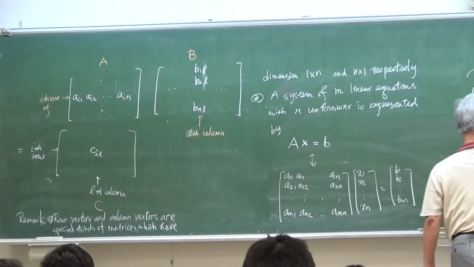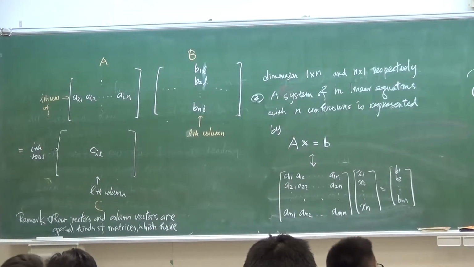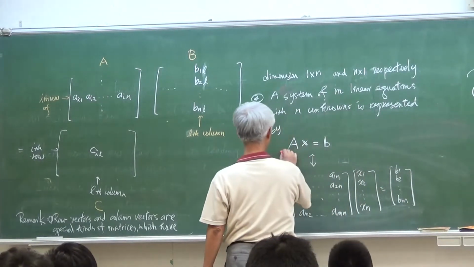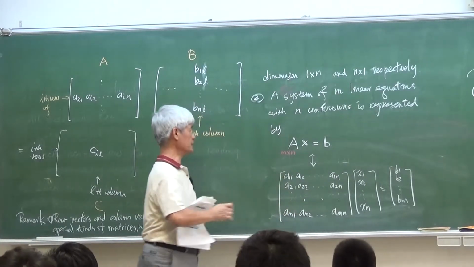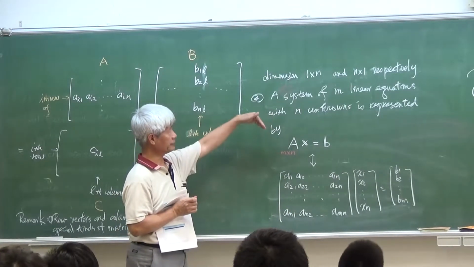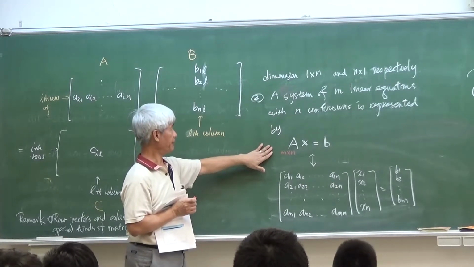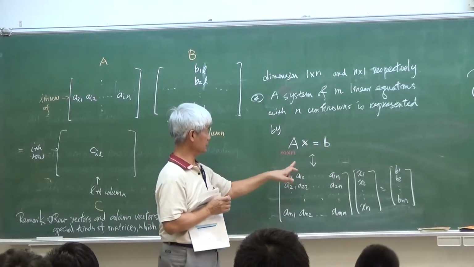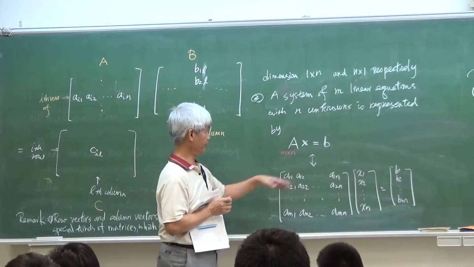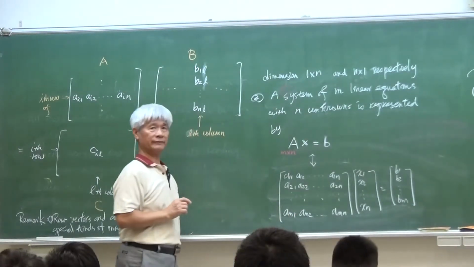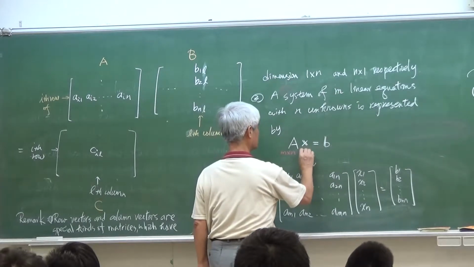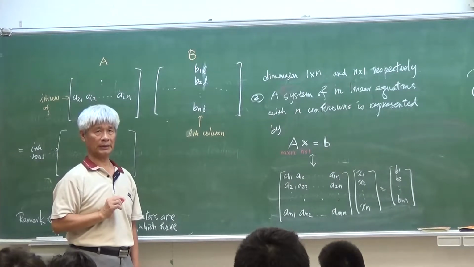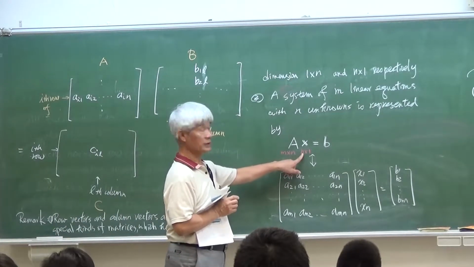Okay, so let's see the corresponding dimensions. The coefficient matrix A is also, of course, a matrix. So the dimension is m times n. So m represents the number of rows, corresponding to the number of linear equations in the system, and the columns of A correspond to n, which is just the number of unknowns. The unknown vector x is a column vector, so it's an n times 1 matrix. Now you can see that n is equal to this n, right?